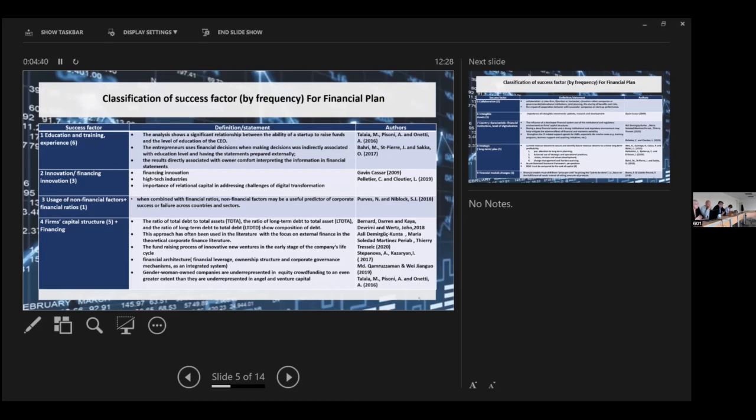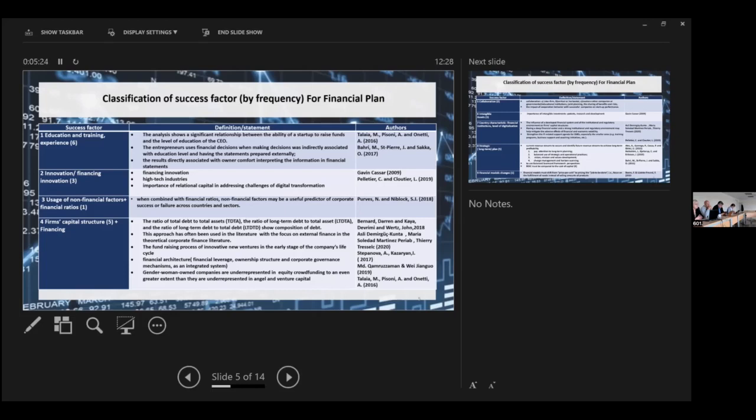Second success factor is financing innovations. So it's necessary to be aware of and to use new financing sources, for example, crowdfunding, or maybe e-banks financing, etc. And as it was mentioned previously, what is important is to use non-financial factors together with financial ratios. And when we talk especially about financial dimensions, the company's capital structure is important.